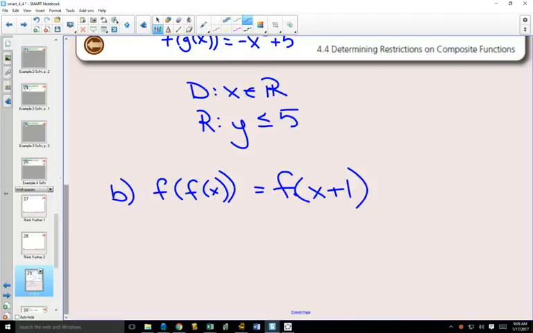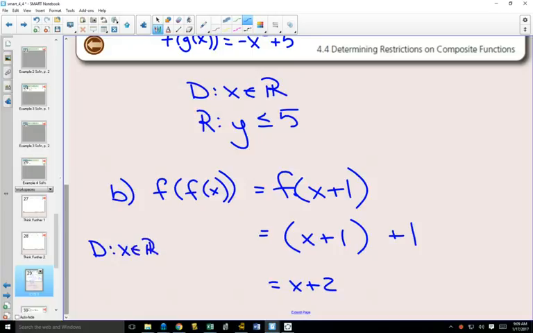And if you put an x plus 1 into f of x, it says whatever you put in, add 1 to it, this just becomes x plus 2. Can you see that that's another line with a slope of 1, a y-intercept of 2? Domain for this line is everything. Range is everything.